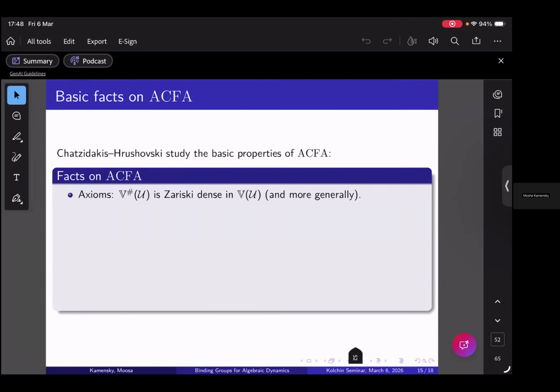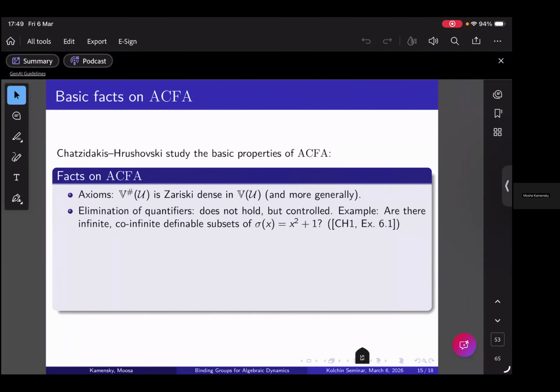about this theory. So first of all, there are axioms. It is an elementary class, and the most important axiom implies that really the sharp points are Zariski dense in the variety. The axiom is actually more general, but that's what we need.